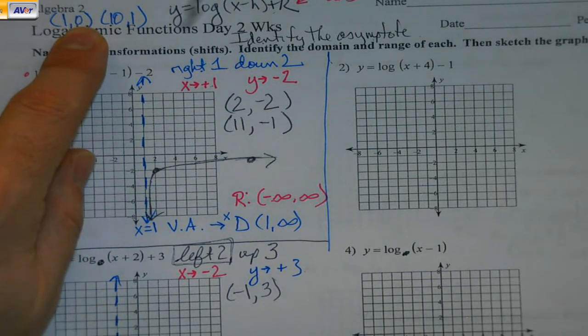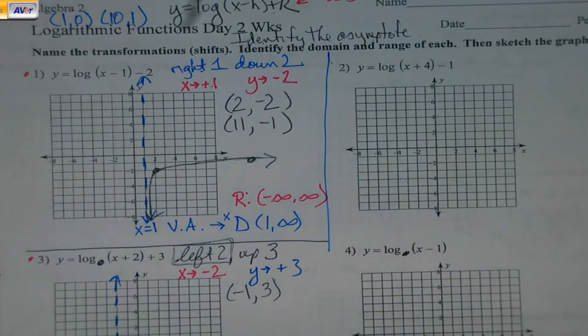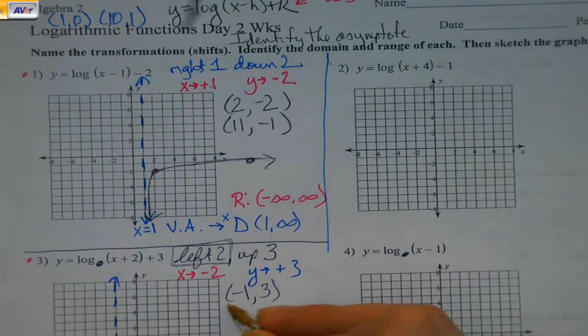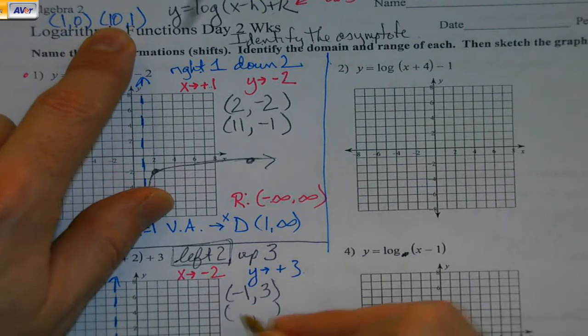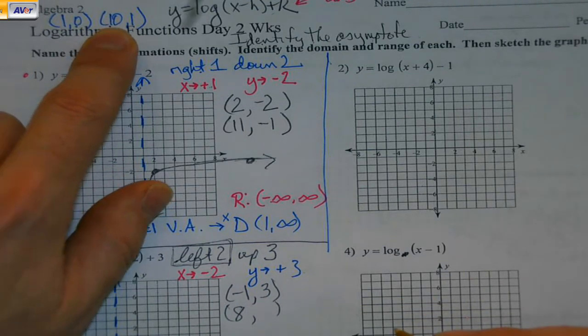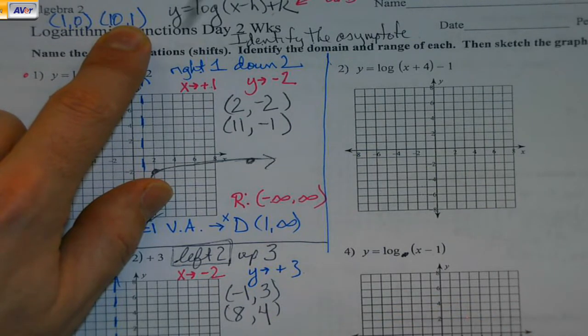And again, you may not every single time have both shifts going on. Like if you get to number 4, you're only going to have a right 1. So maybe I'm not messing with the y at all. Sometimes I will be. 10 minus 2 is 8. 1 plus 3 is 4. Okay.